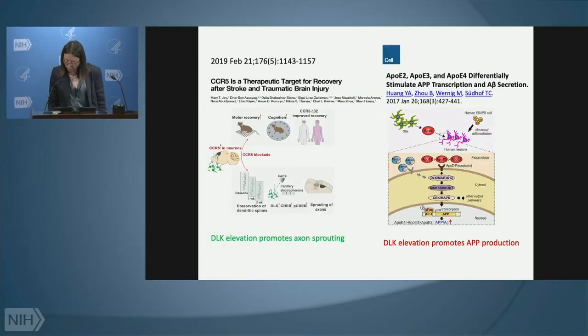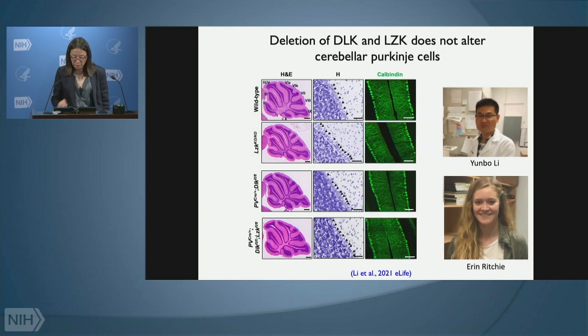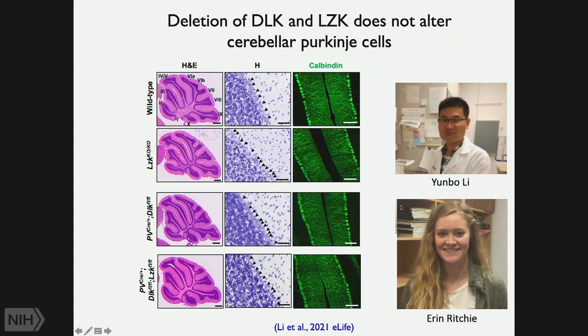So by this stage, my lab decided to venture into mouse models. In this case, it was two brave people in the lab: a postdoc, Yunbo Li, and a graduate student, Aaron Ritchie. They decided to examine DLK and LZK knockout mice as well as induced overexpression.